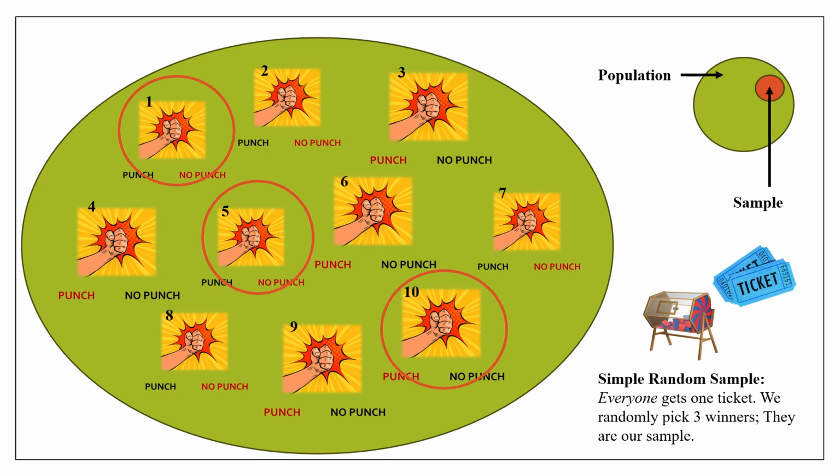If it's simple random sample, again, we give each one of these 10 different individuals a ticket that is going to be spun in this urn, and we're going to randomly pick 3 of them, and those are going to become our sample. But one of the very, very distinguishing things about simple random sample is that everyone has an equal chance of being selected.